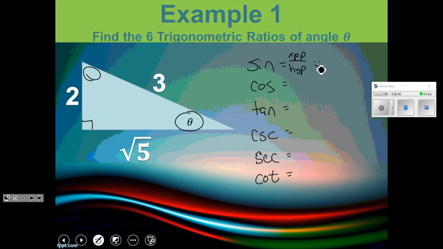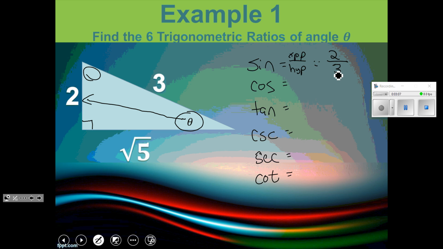If I'm here at theta, which side is opposite from theta, Jacob? If I go across, the 2 is opposite. The hypotenuse is the side opposite from the right angle, which would be 3. So our sine is equal to 2/3.